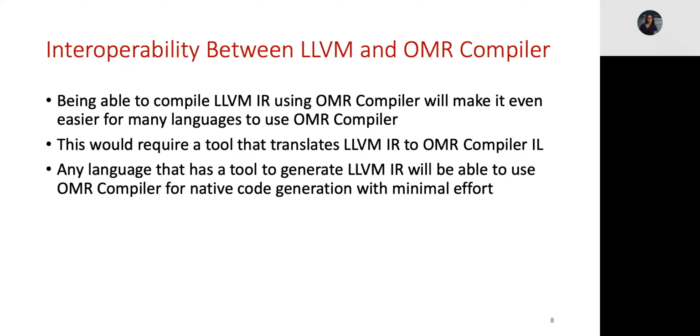And the kind of tool that we need for that is something that can translate LLVM IR into OMR compiler IL. And so basically, if any language has any kind of tool that can generate LLVM IR from their source code, then they can compile using the OMR compiler with minimal effort.